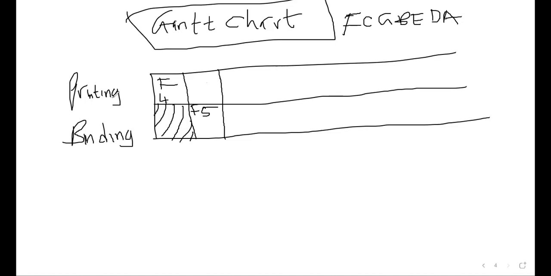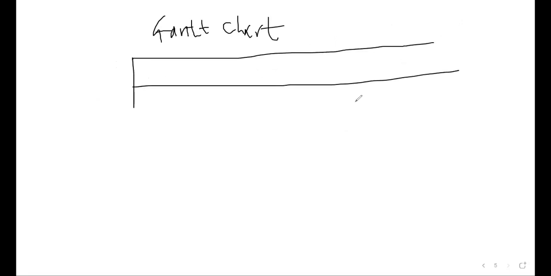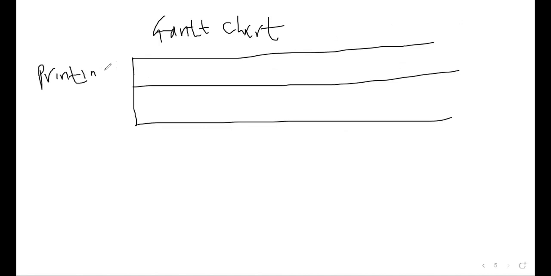So you may start this so that people will understand thoroughly. Quickly, we'll be finishing in the next 5 minutes. Under this Gantt chart, we are simply saying we have these two aspects, the printing and the binding.